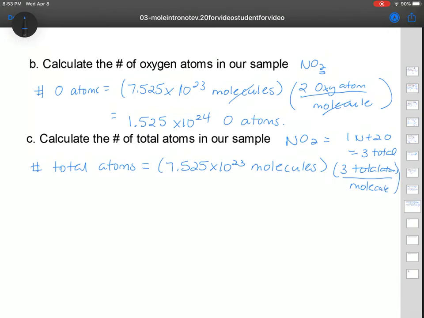Okay, 3 total atoms per molecule. So the molecules cancel out. And again, now you're just multiplying and you get 2.2. I'll just leave all the digits for now. Okay, so that is a very broken down way to do it.